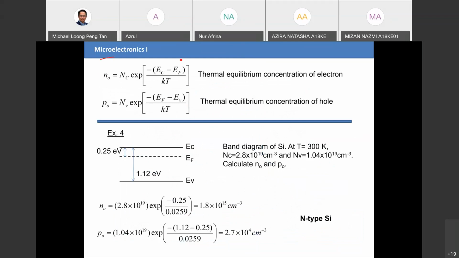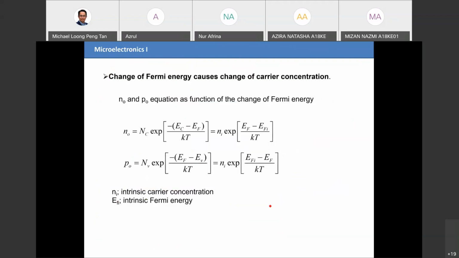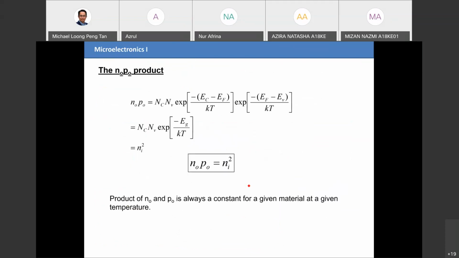Make sure you memorize this equation. In your exam, equations won't be given, so make sure you know them. It's all equations. Make sure you know both NO and PO, and the other terms using NI and EFI. So make sure you know what NI and EFI are.